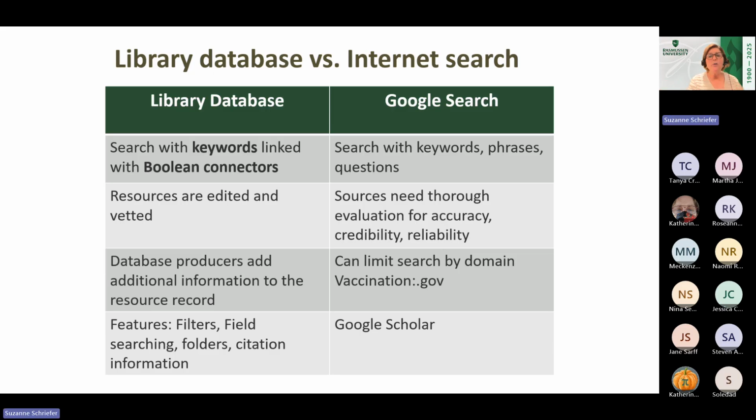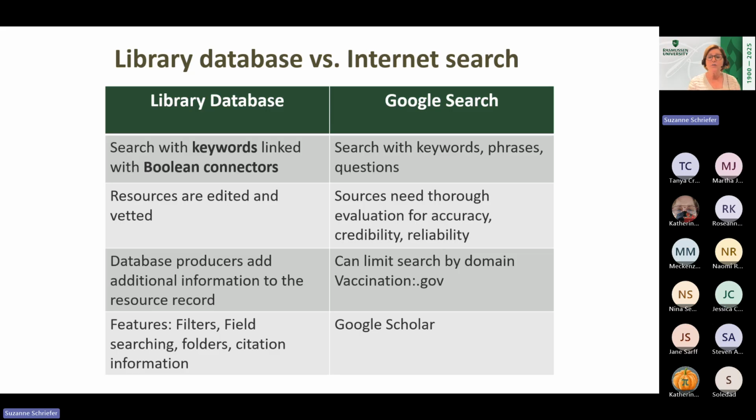So you have to be the editor. You have to determine whether the information is reliable, credible, believable, accurate, timely, etc. So if you use the internet exclusively for research, you have a lot of work to do, where a lot of that work has been done for you by the editors and the people who create these library databases, because they have a certain standard of the types of resources that are allowed to be in these databases.